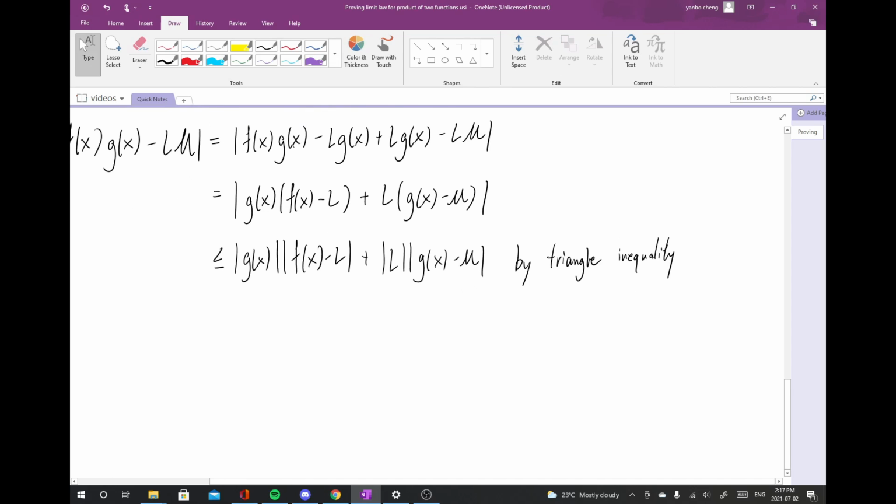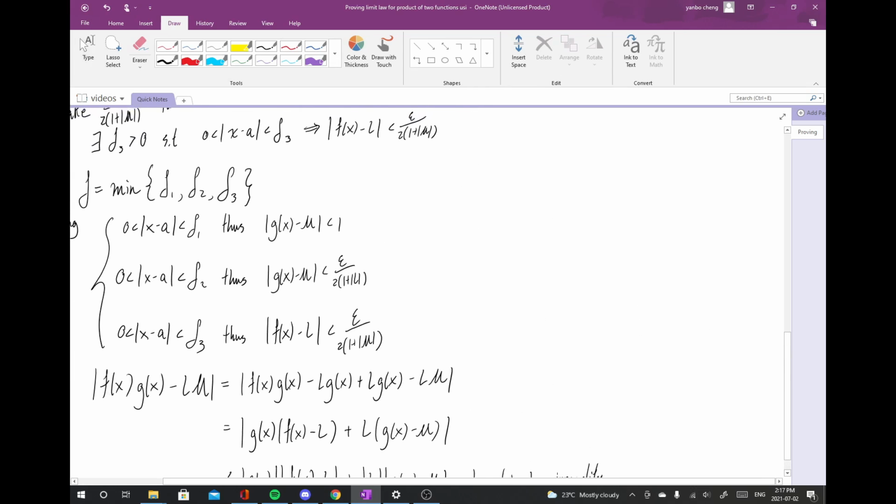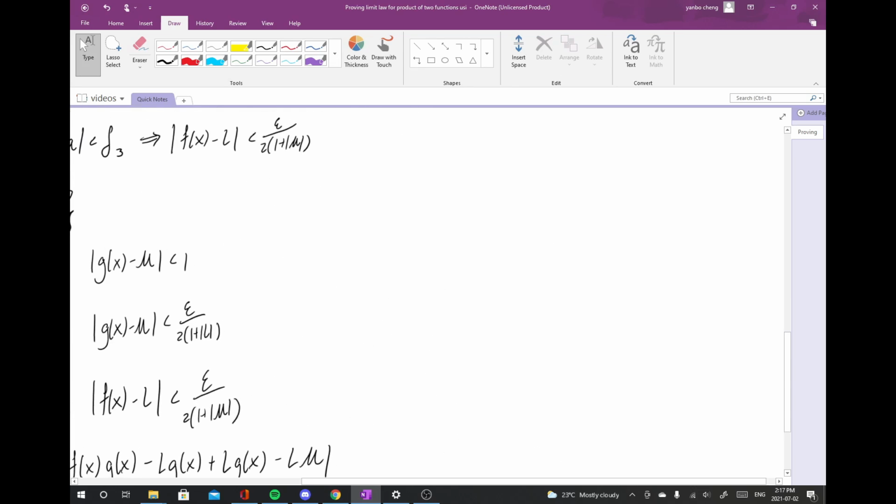And now, since we've proven that, we have to prove that g of x is smaller than 1 plus absolute value of m. We can do that over here. This implies that g of x equals g of x plus, let's write, minus m.